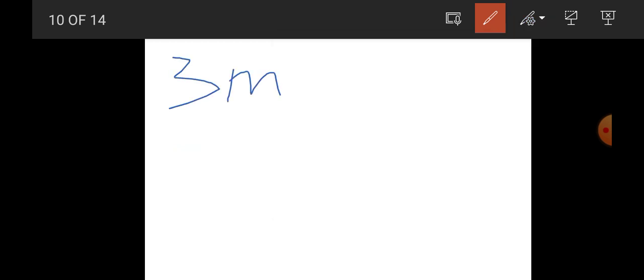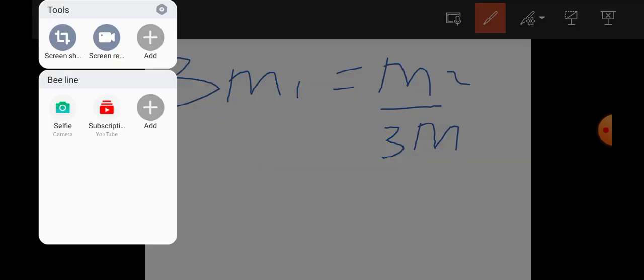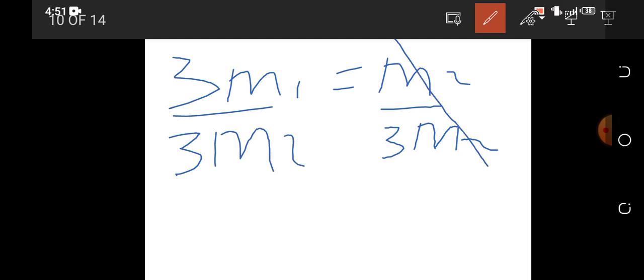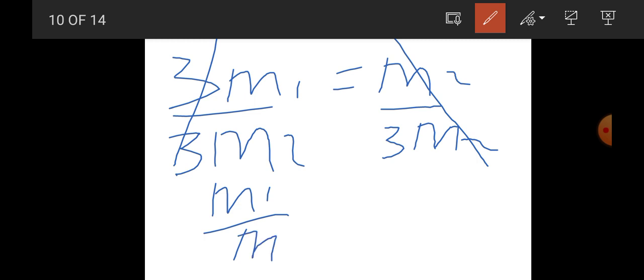3m1 is equal to m2. Divide both sides by 3m2. The m2 is cancelled, the 3 is cancelled, and m1 over m2 is equal to 1 over 3.